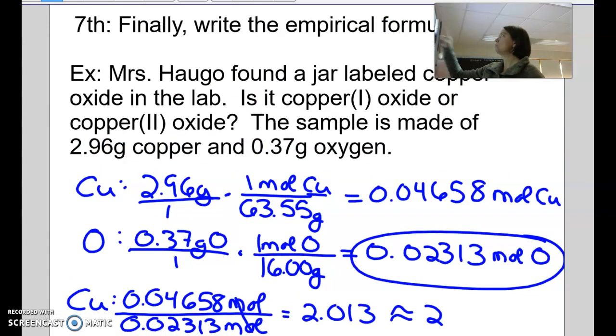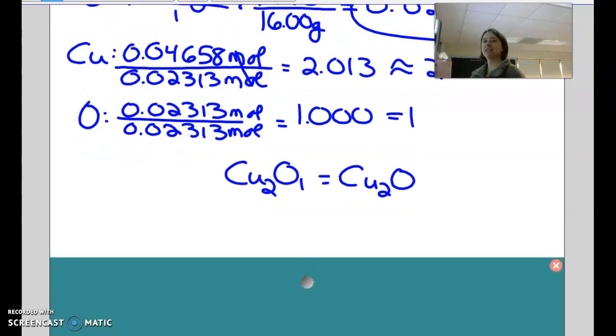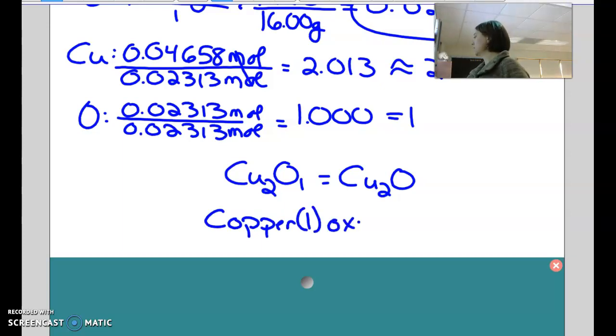Remember, the Roman numeral does not mean the number of atoms. It means the charge. So, which one is this? If oxygen is -2, and there are 2 coppers to make +2, that means each one has to be +1. So it has a charge of 1. So this is copper 1 oxide.